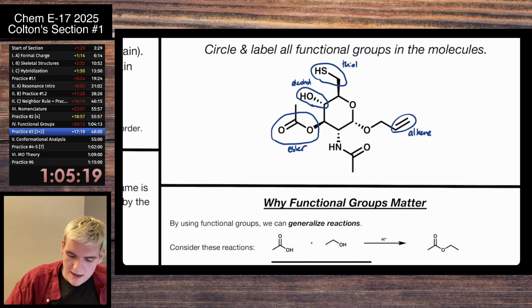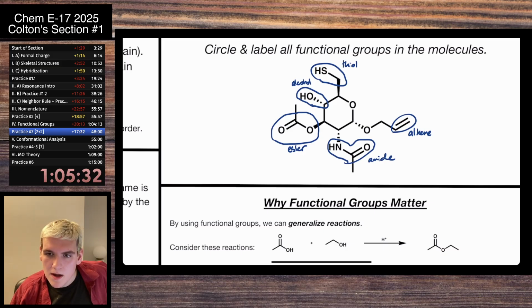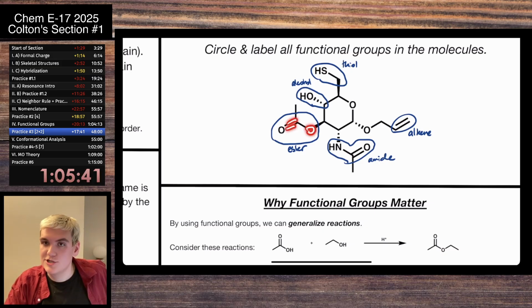Then at the bottom, we have a carbonyl, and with that, we have a nitrogen next door, and that's going to be our amide. It doesn't include the top carbon, or we just don't care about this side. You can circle it if you want, but the thing that makes an ester is a carbonyl and one side's an oxygen.